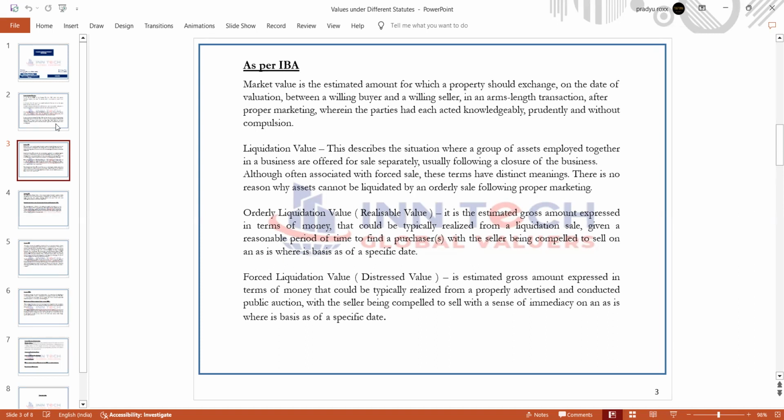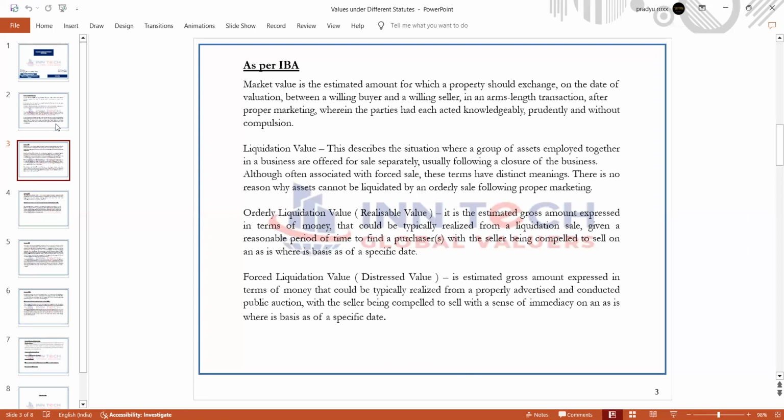So as per banking parlance, they require all these three values. But when you go for SARFAESI valuation, the value will be the upset price, or the price at which they want to sell the asset. There also the bank will expect at least the least of the three: the market value, the realizable and the distress value.